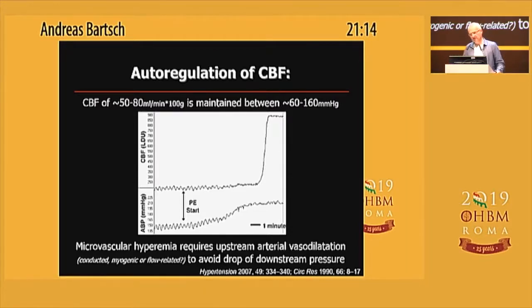That's a very basic concept, and we need to know about it. We don't actually know for sure how this upstream vasodilatation happens, if this is a conducted mechanism, a myogenic mechanism, or flow-related, but it does happen.